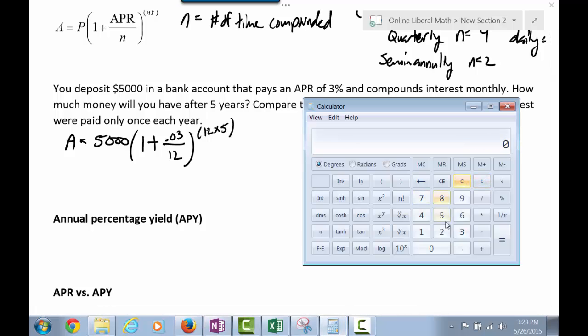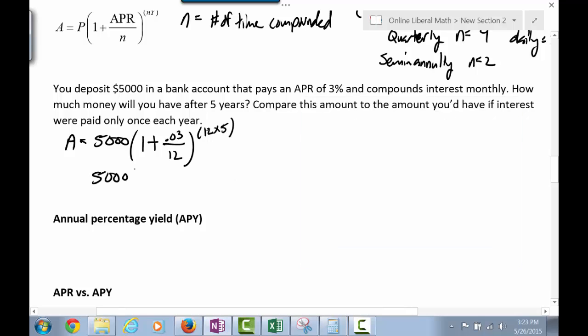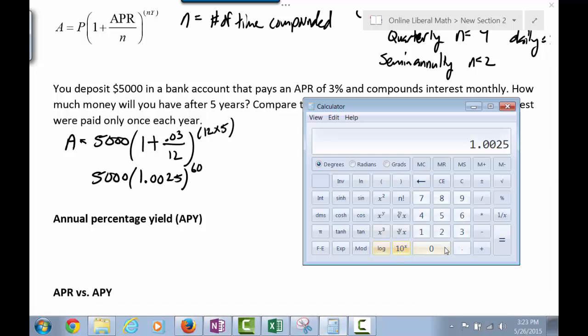I'm going to start with 0.03 divided by 12, and add that to 1. So that's 5,000 times 1.0025 raised to the 12 times 5, which is the 60th power. So if I raise this to the 60th, and then multiply that by 5,000, I should get 5,808.08.